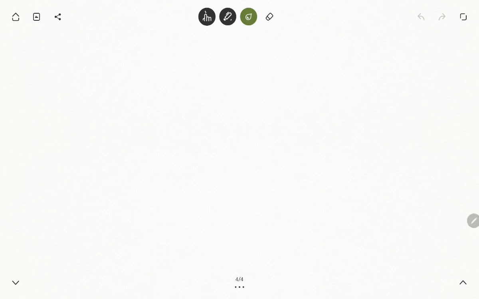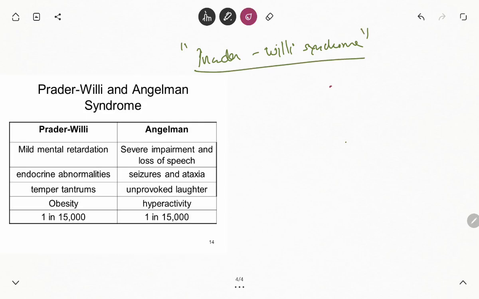In this line we will see one more syndrome, that is called Prader-Willi syndrome. You remember Prader with a capital D, always the capital D. D for deletion.